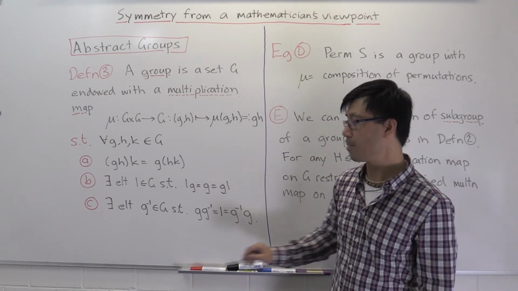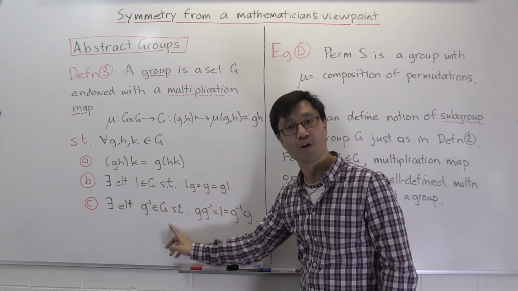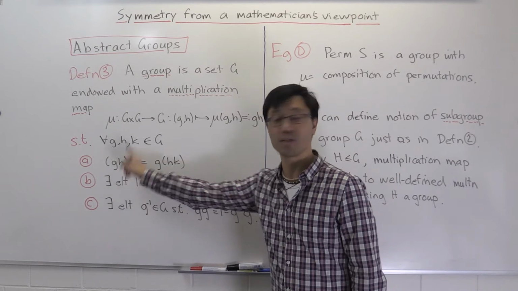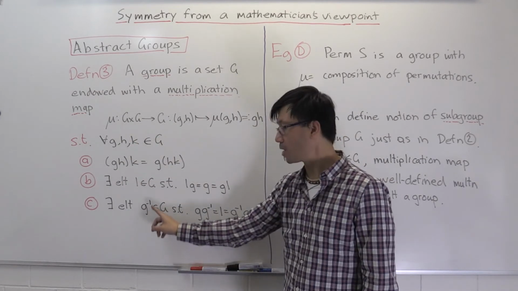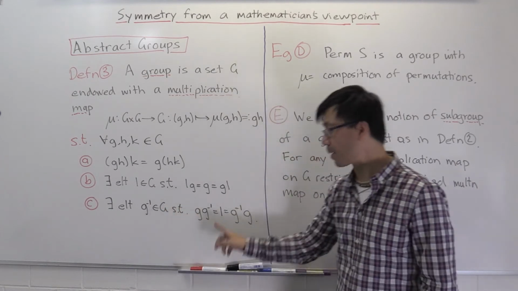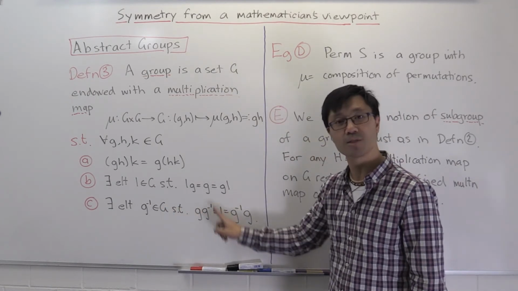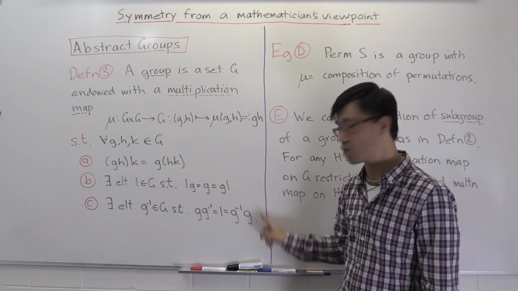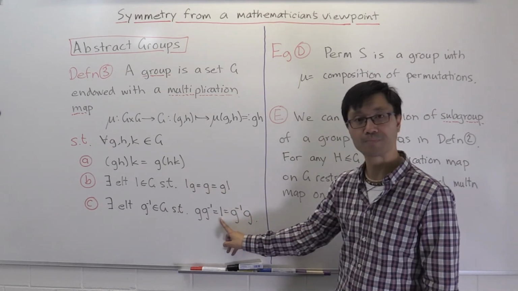The third axiom is the existence of inverses. That means that for every group element G, there's another group element, which I'll denote G inverse, with the property you expect for inverses: G times G inverse is equal to this 1, and G inverse times G is also equal to this 1.